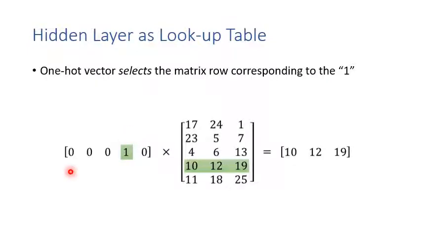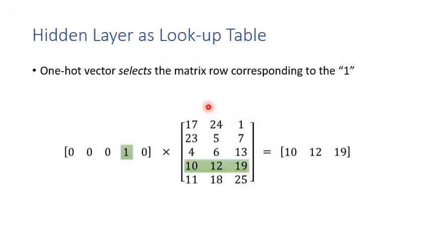Suppose we have 5 words, if you multiply the one-hot vector with our hidden layer matrix, it's like selecting the 4th row vector from the hidden layer weight matrix. So we can use the hidden layer as the lookup table. And by training the neural network for the skip-gram model, we can have the embedded Word2vec lookup table.